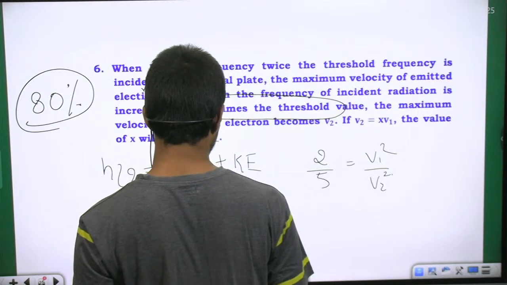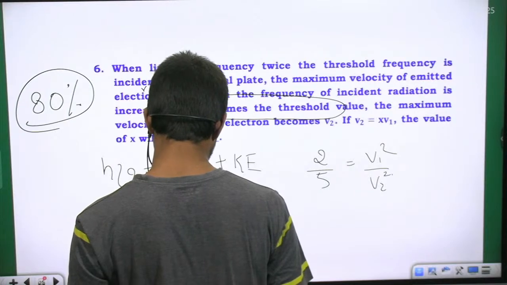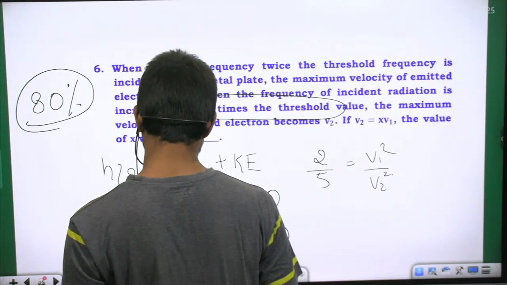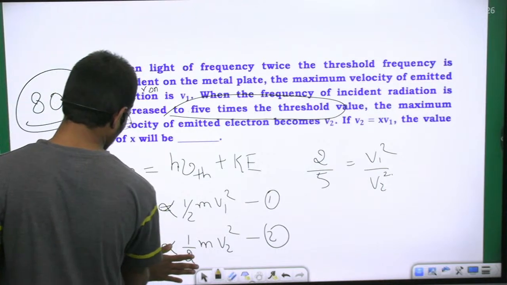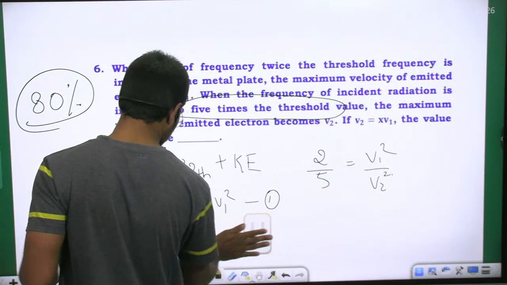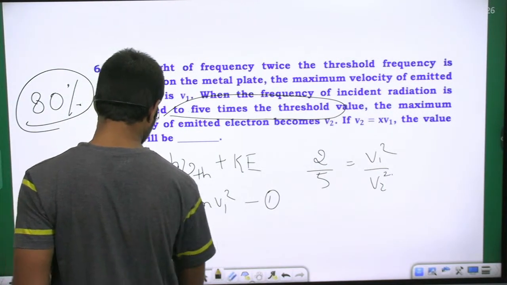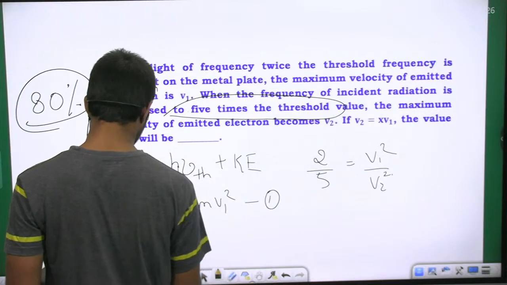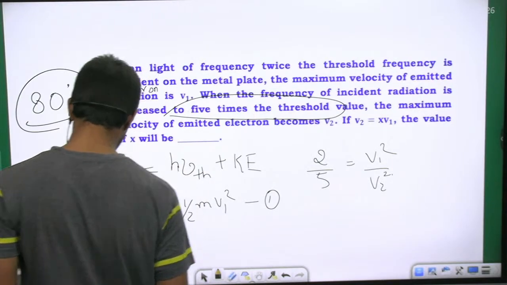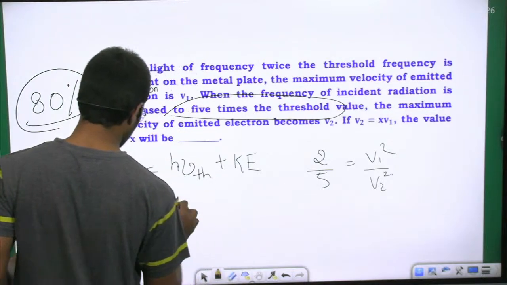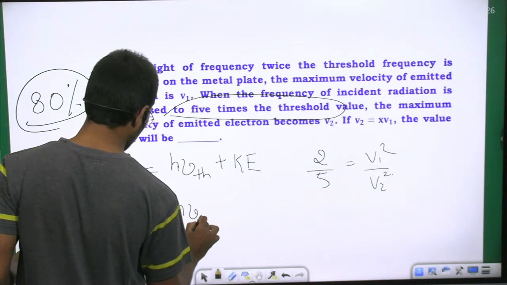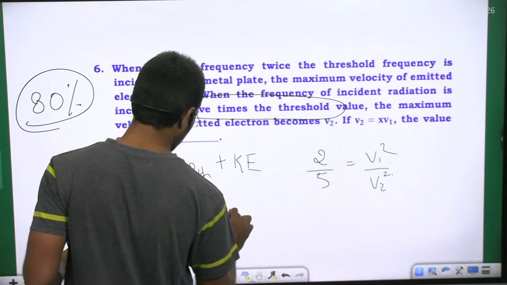Right? So, sorry, here we will be having hν is equal to K, right?